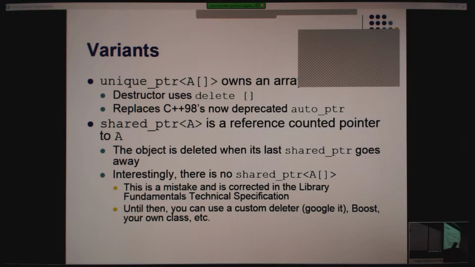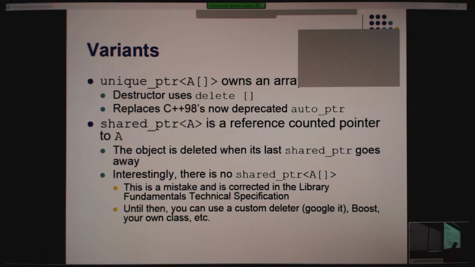There's also a shared pointer class, which is a reference counted smart pointer, and it says I can have shared ownership with someone else. So this means that object is deleted when its last shared pointer goes away. And this is very nice, say, when you have multiple threads owning the same object. It'll know when the last thread using the object goes away and deletes the object.